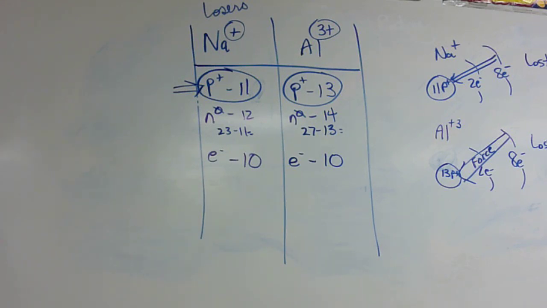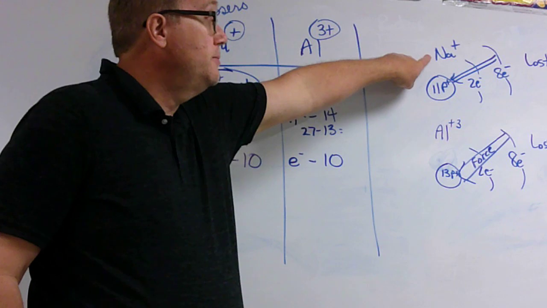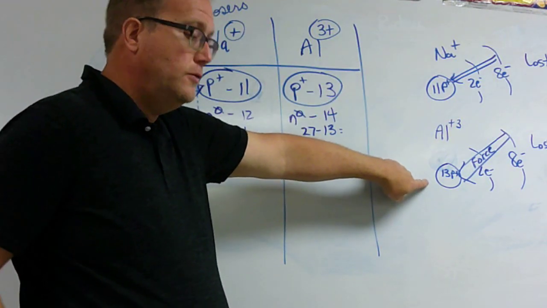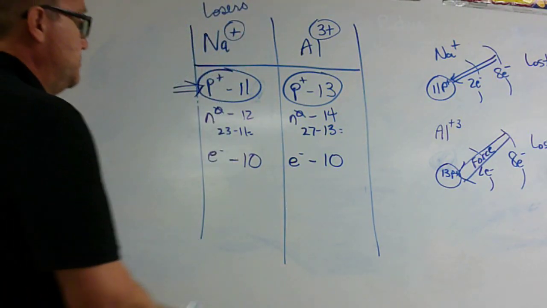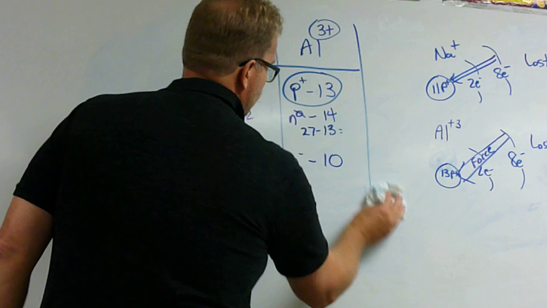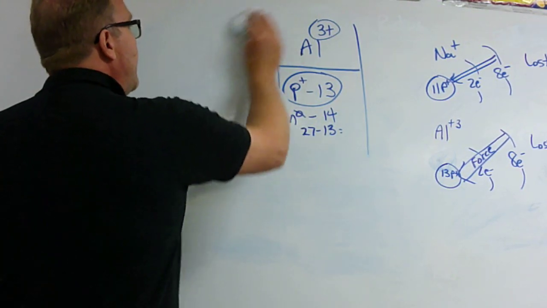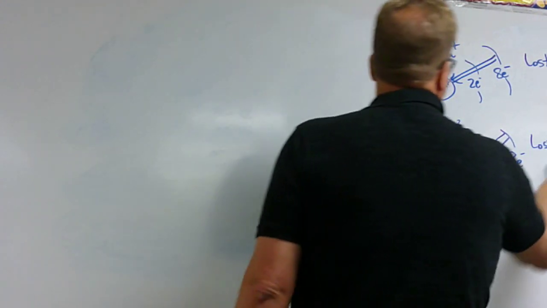So with this one, which one has the greatest ionic radius? It's going to be this one here. Which one has the least ionic radius? It's going to be this one here. So again, the trend's a little bit different. Positives kind of keep their pattern toward the regular.